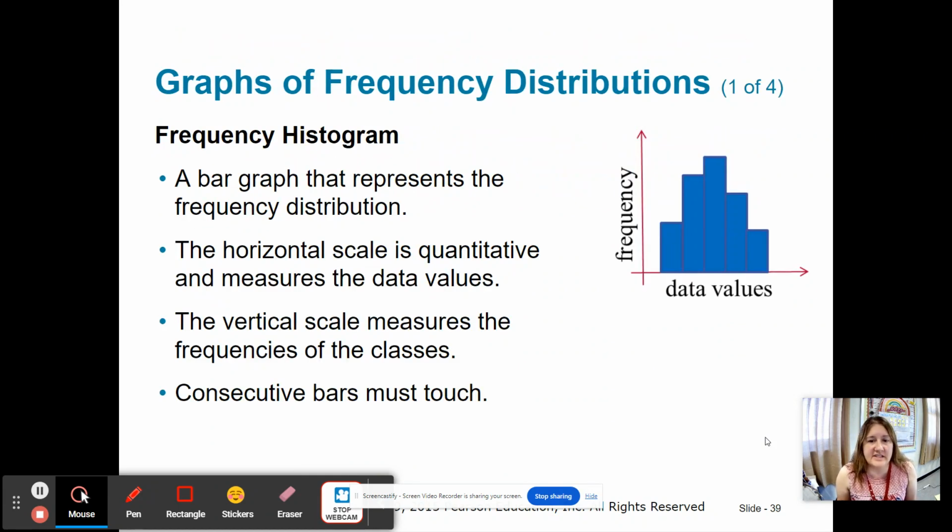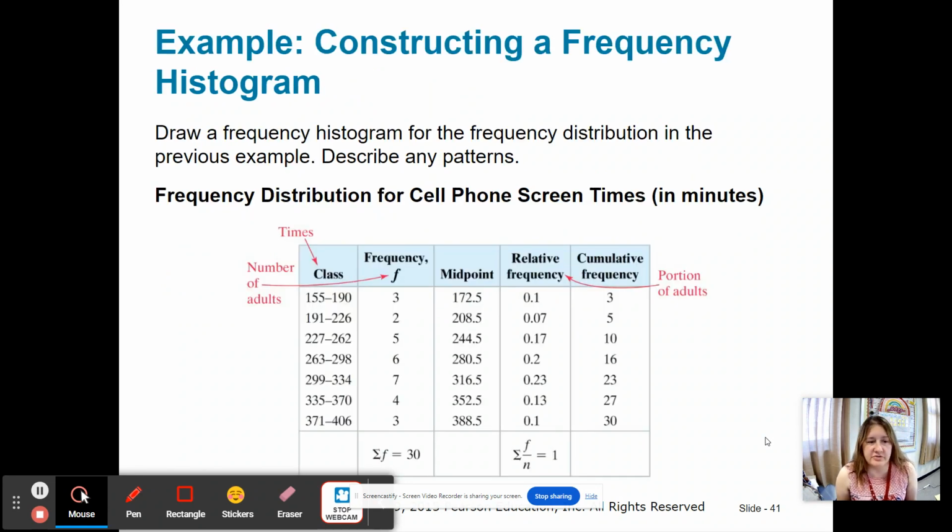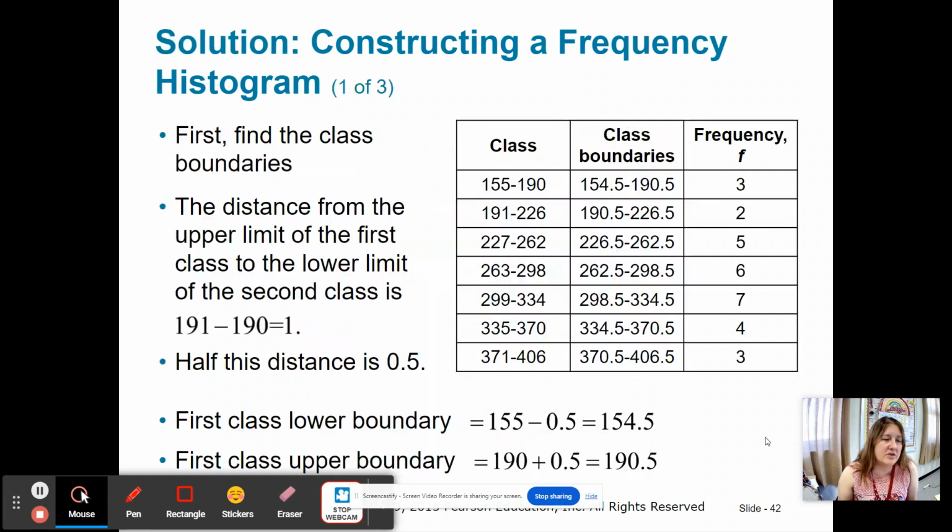Okay, frequency histogram. We're going to have another column added on because a histogram has its columns touch each other. And in order to do that, we have to adjust our class limits so that way they touch each other. And the way we do this is by subtracting a half and adding a half on each lower class and upper class limit.